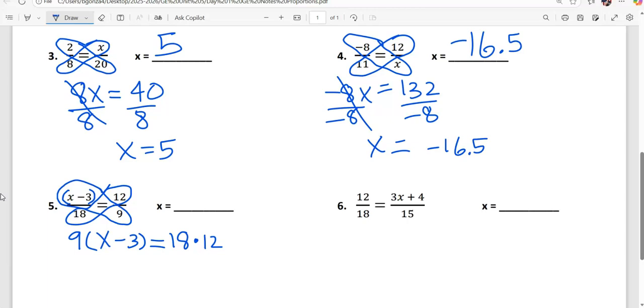Okay? And now, let's do it. This 9 in front of the parentheses is going to do what? What is this called when you put it into the whole parentheses? Does anyone remember what it's called? It is called distribution, or the distributive property, which means you multiply into each part of the parentheses. So 9 times x is 9x. 9 times negative 3 is negative 27.